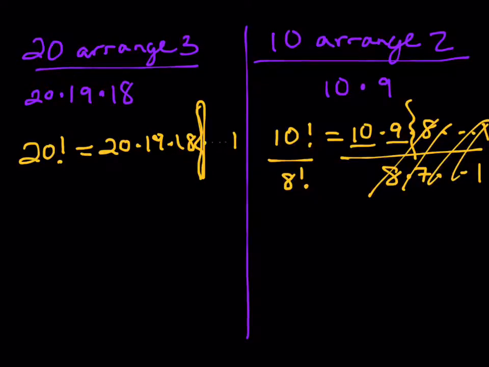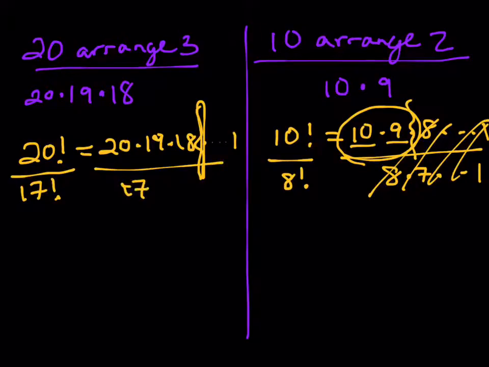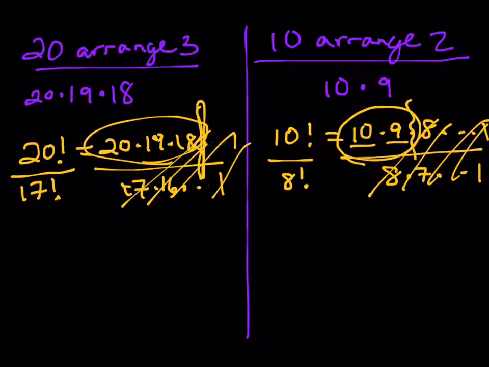That leaves me with just these first two numbers that I wanted, 10 times 9. And for the 20 factorial, if you divide by 17 factorial, that gets rid of the unwanted numbers, 17 all the way down to 1, and leaves you with just the first 3. So we're getting close to a formula here.